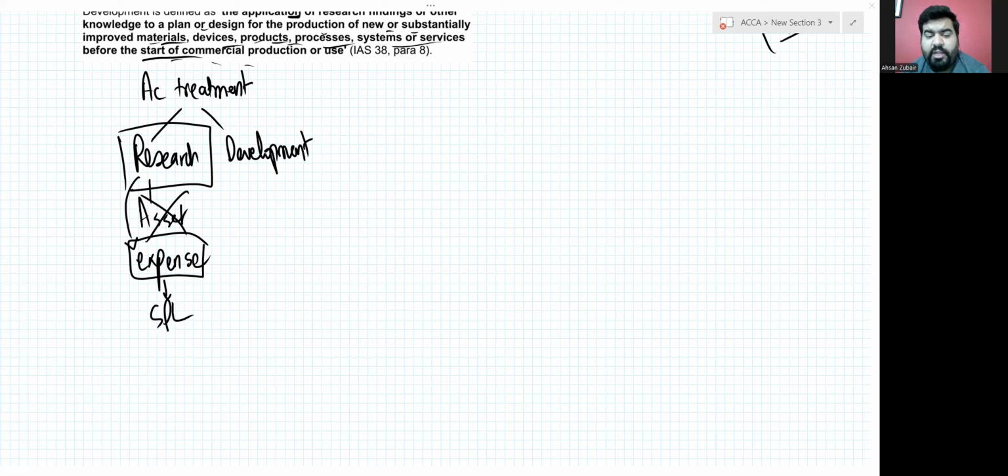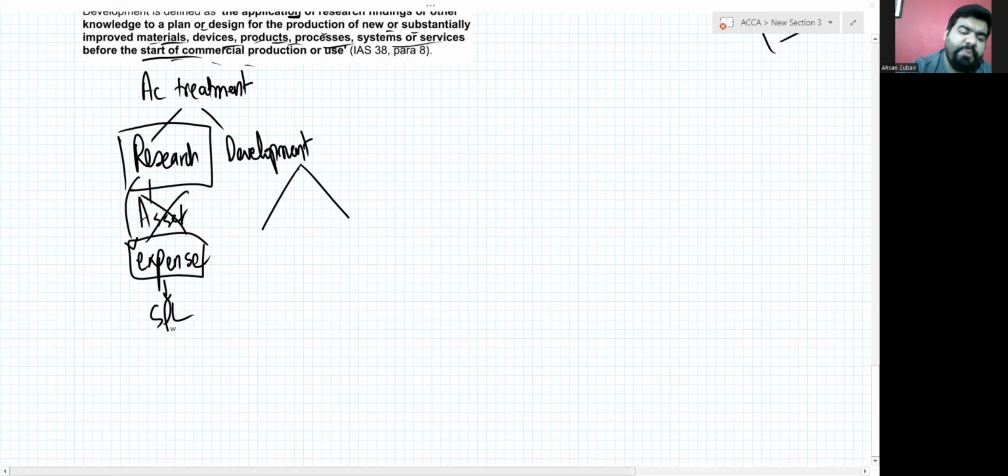And what will happen to the development phase? For development, it has two cases. Development can be an expense, or it can be an asset. But this depends on criteria.